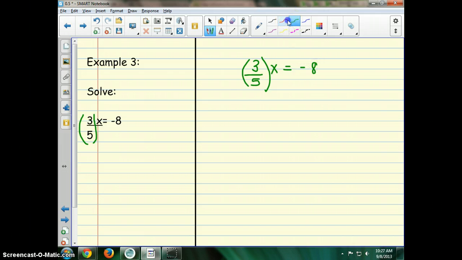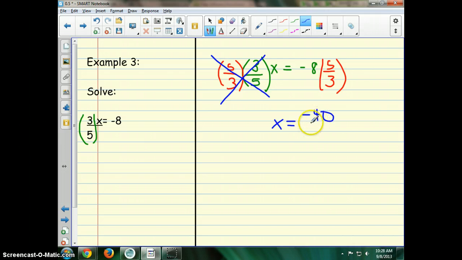So I'm going to multiply both sides by the reciprocal of 3/5, which is 5/3. What happens is we have 15 over 15, which is just 1. So 1x or x on the left side, and on the right side we end up with negative 40 in the numerator, because negative 8 times 5 is negative 40, divided by 3. And I like to leave my answer as a fraction.